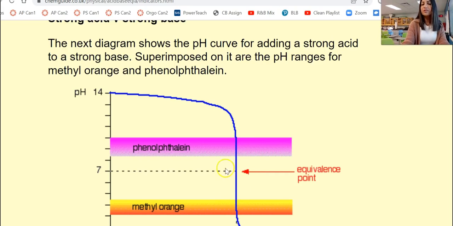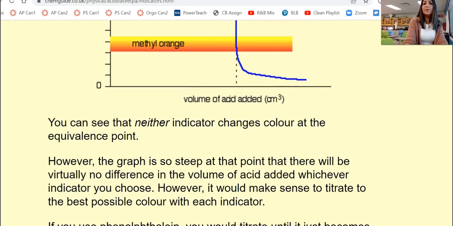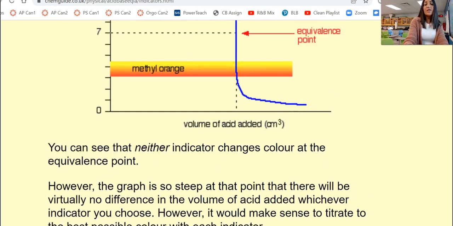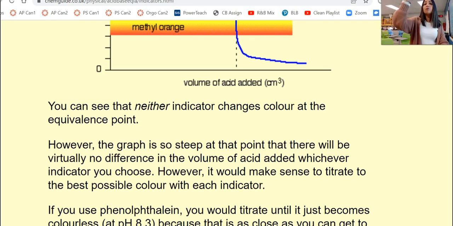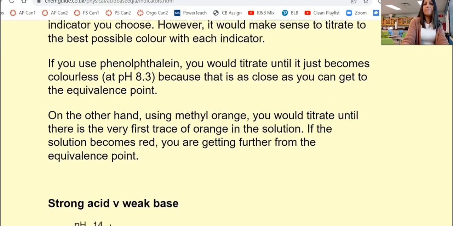So whether your equivalence point is happening at 7, or if it's happening here, or here, we're still in the safe zone, okay? And so phenolphthalein tends to be very popular for something like that. So it says, you can see that neither indicator changes color exactly at the equivalence point. However, the graph is so steep that there's no difference in the volume regardless of which indicator you end up choosing when they're both strong, okay?